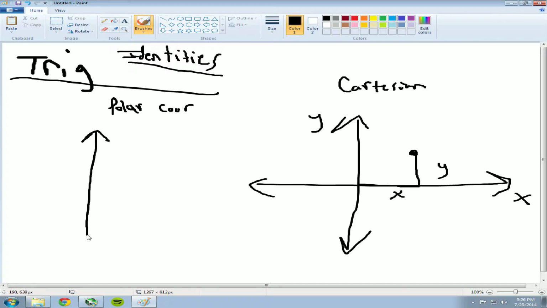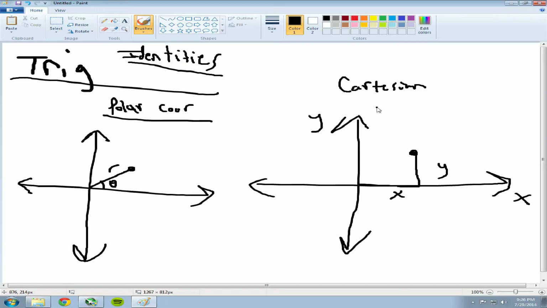Now, how do polar coordinates get to that same point? So let's say this is the same point as up here. Instead we go over a certain amount of degrees and we go up a radius. What is the benefit of using polar coordinates compared to Cartesian coordinates?